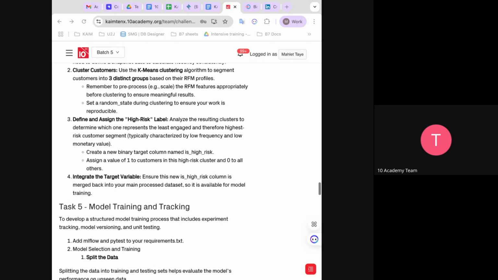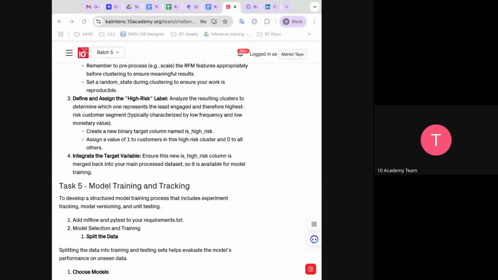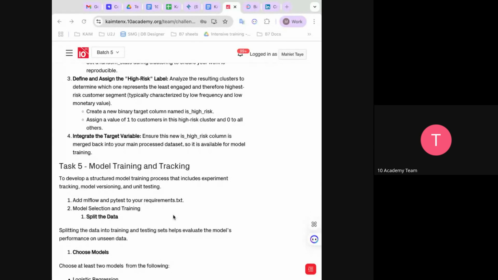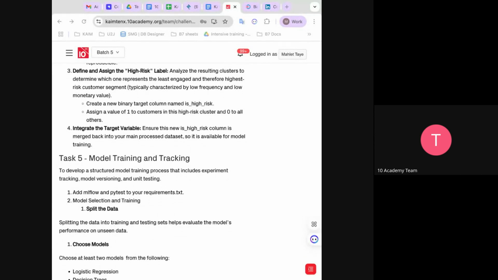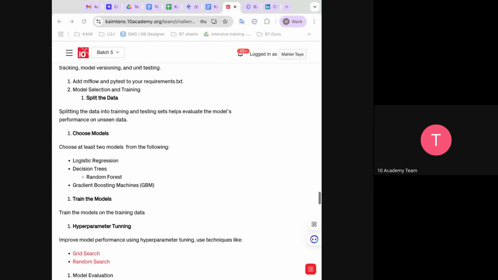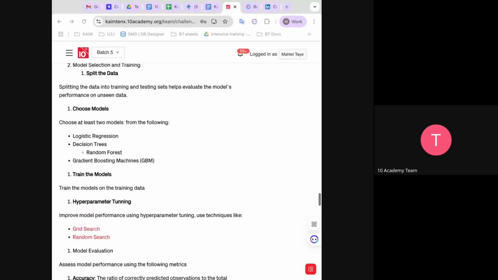So for the modeling task, you will add MLflow and pytest for model tracking, and also save the artifacts in a way that can be communicated easily and translated easily to the other team. You can select any of the models listed here, train them, and fine tune with hyperparameter tuning.